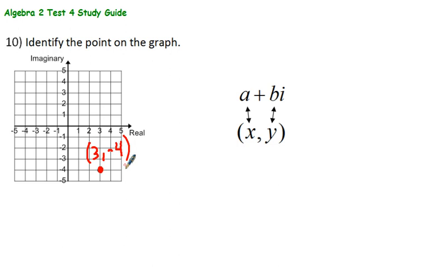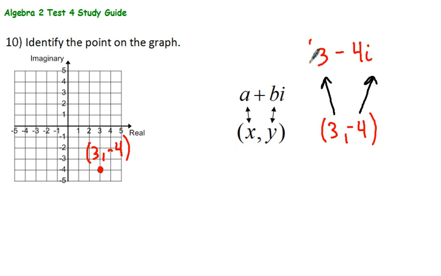If we want to rewrite that in complex form, again, first number, the x, second number, the y. It would be 3, not plus, but in this case, because that's a negative, 3 minus 4i. And that's what that point would be on the complex plane.